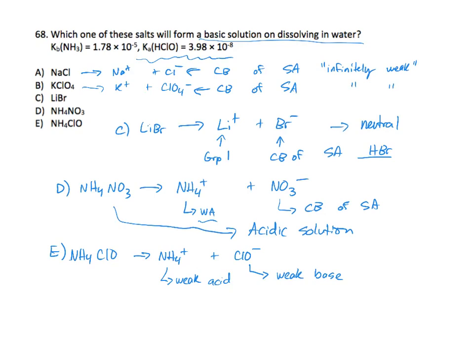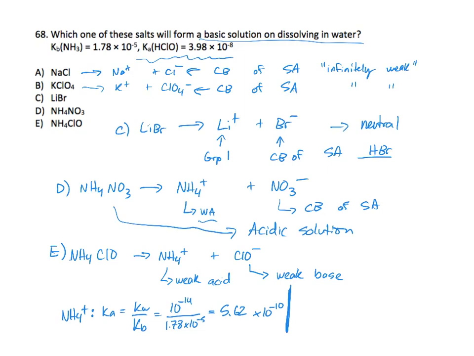So for NH4 plus, the Ka is not given in the question, but it gives you the Kb for the conjugate base. So the Ka is Kw over Kb, 10 to the minus 14 over 1.78 times 10 to the minus 5, which is equal to 5.62 times 10 to the minus 10.